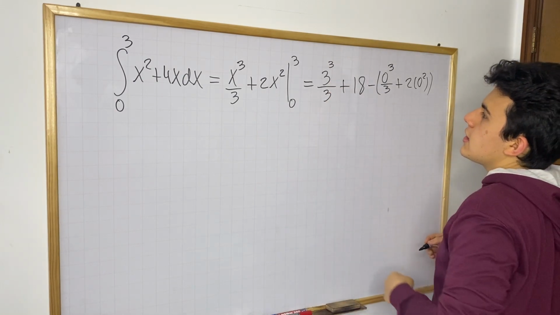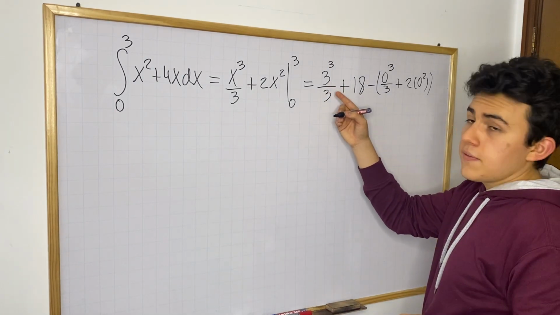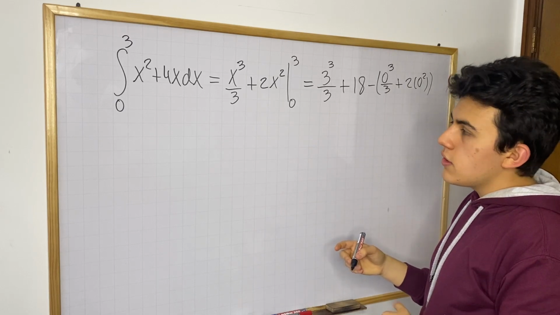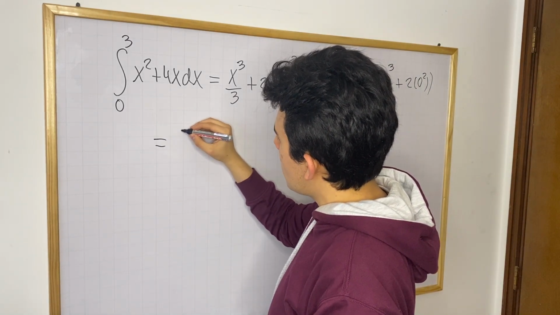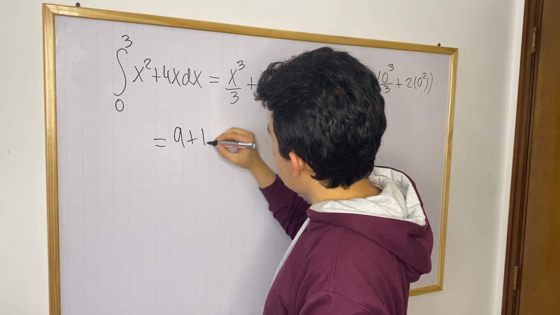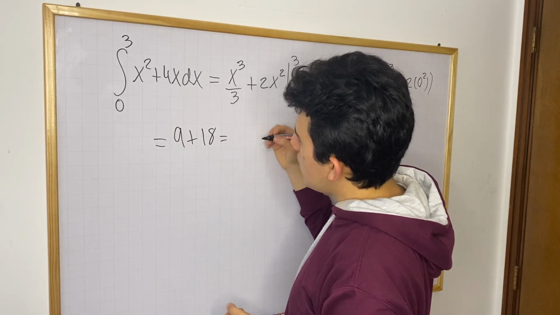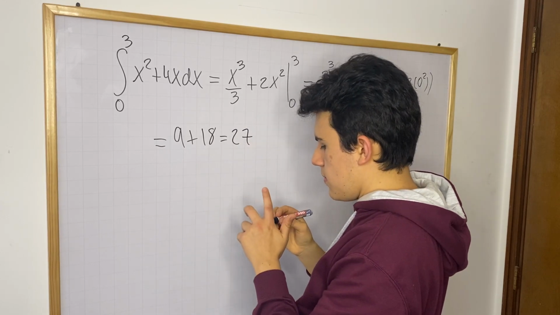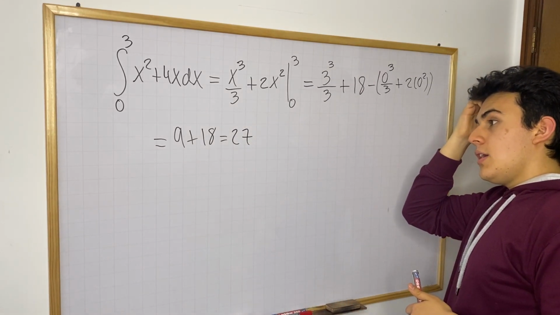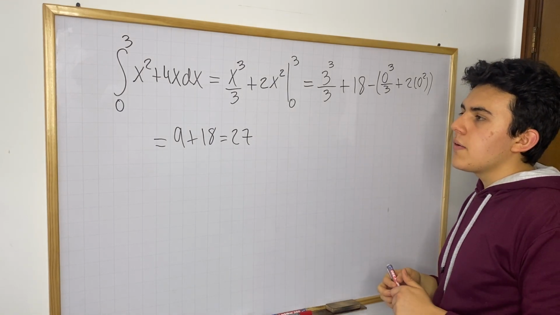Now this is going to be 9 times 3, which is 27, and 27 divided by 3 is going to be 9. So we have 9 plus 18, and we know this is going to be 27. Great. So this is the result that we have.